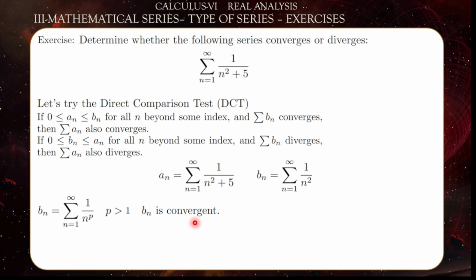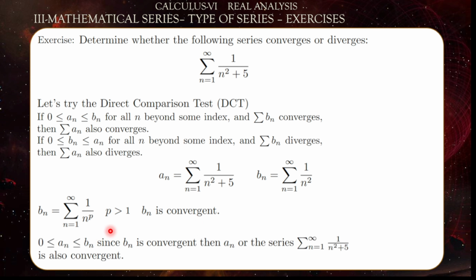More than that, we have a_n less than b_n. Why? Because it is divided by a larger number, which is n squared plus 5 instead of n squared. Since b_n is convergent, it works as an upper bound for a_n. Hence, a_n also converges. So sigma n equal 1 to infinity of 1 divided by n squared plus 5 is convergent as well.